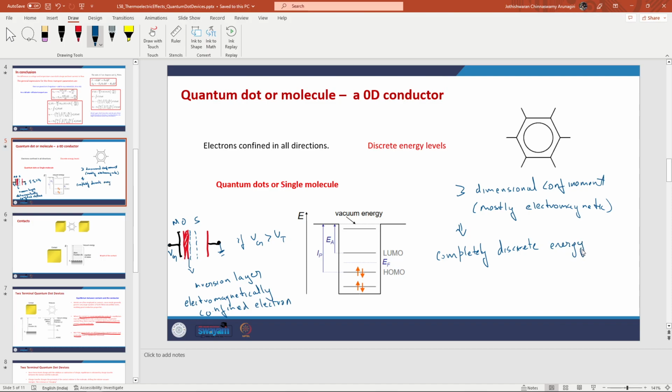If you remember the notion of quasi 2D materials, we found that the electron is confined in one direction, which leads to the formation of discrete energy levels.